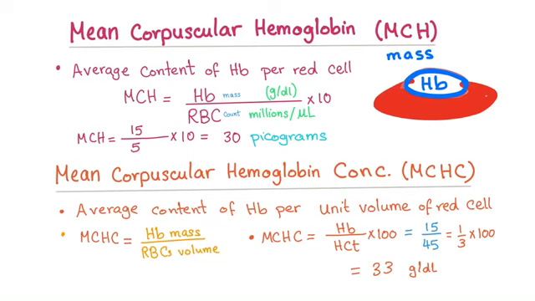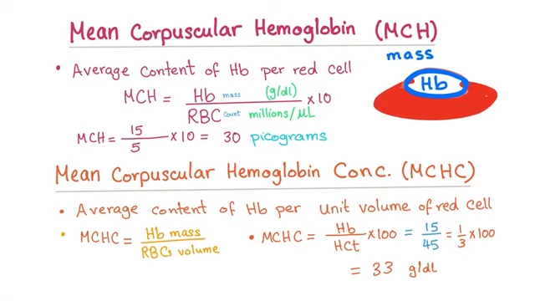Let's say that the hemoglobin we said normally around 15 for males and RBC count, let's say 5 million, or 5 to the power of 12, okay, as we said before. 15 over 5 times 10, 30. 30 what? We call them picograms. That's it. Okay, so hemoglobin mass over RBC count.